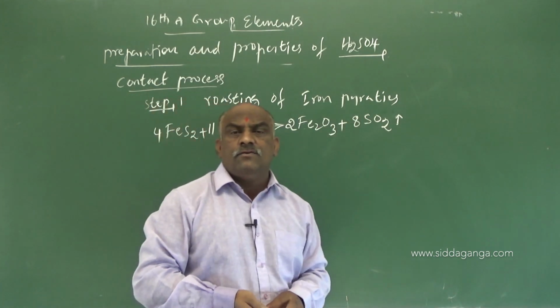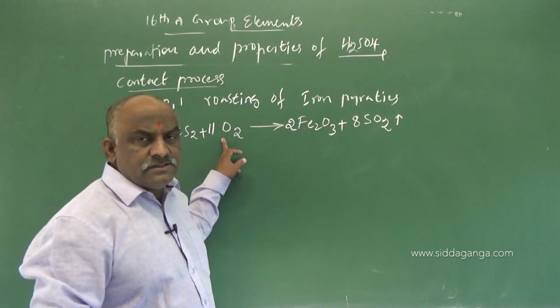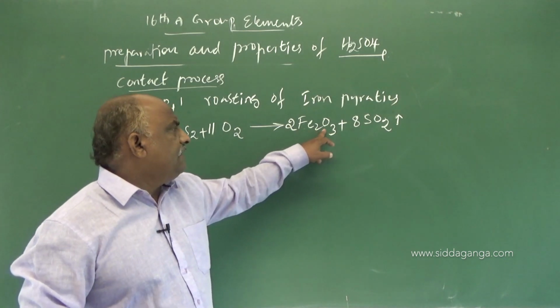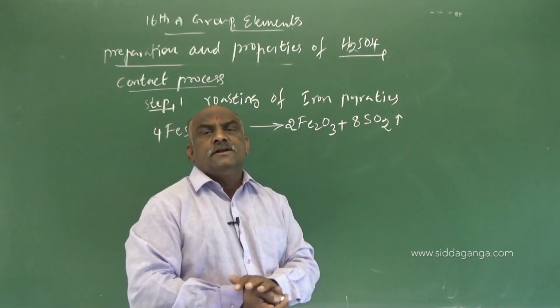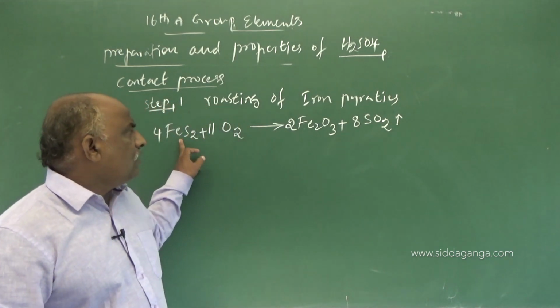Iron pyrites, molecular formula FeS2, combines with oxygen. This is nothing but a combustion reaction, and in this reaction sulfur dioxide gas is liberated. Iron pyrites is one of the ores of iron.